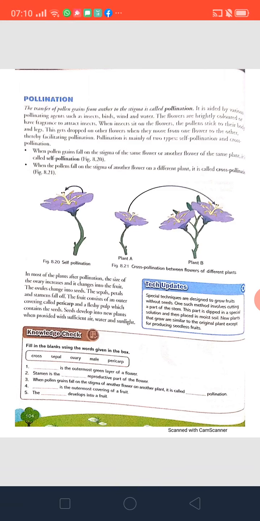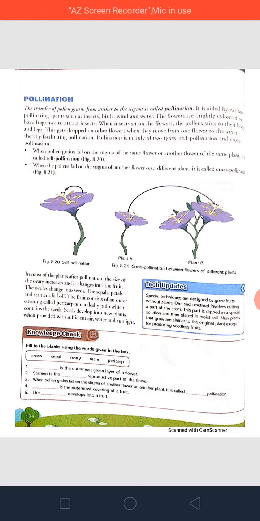And beta, now you have to tell me, in some flowers, if we look, we find both stamens and pistil. But in some flowers, only stamens are there, whereas in some flowers, only pistils are there.